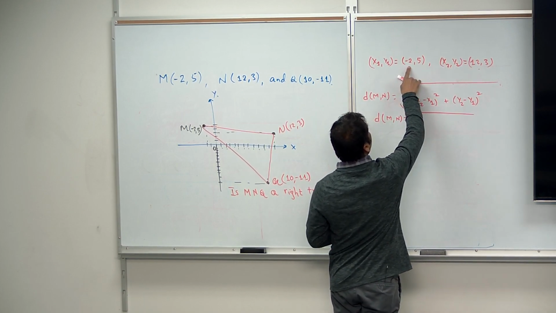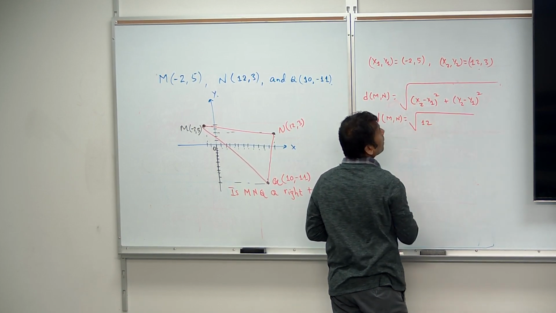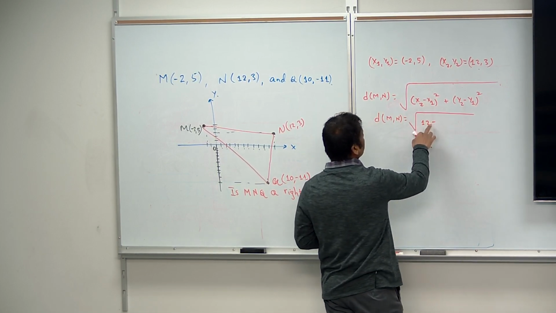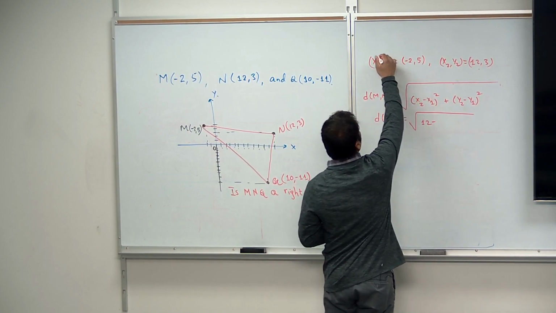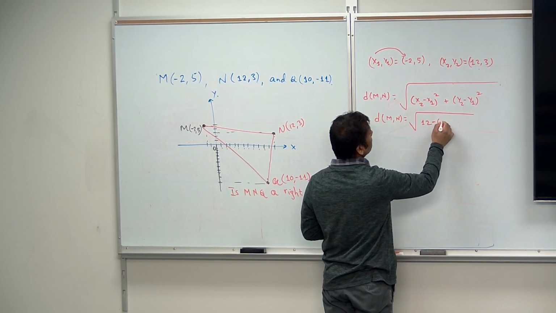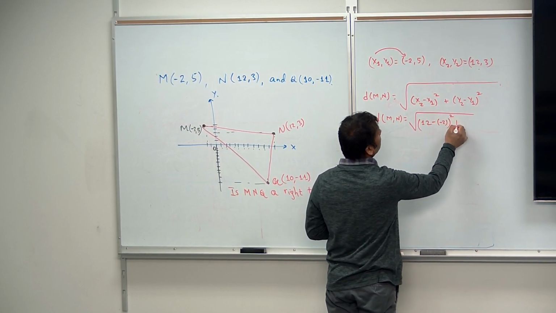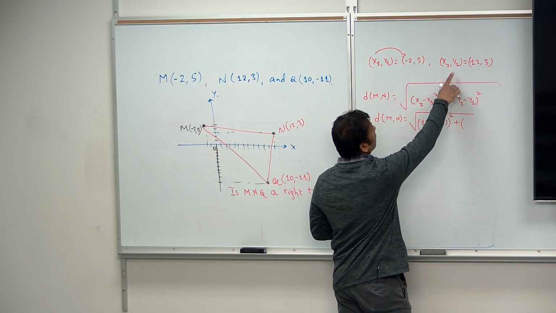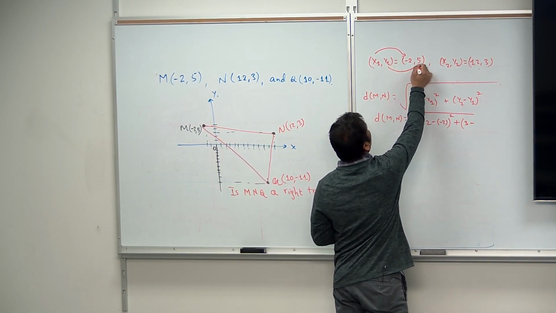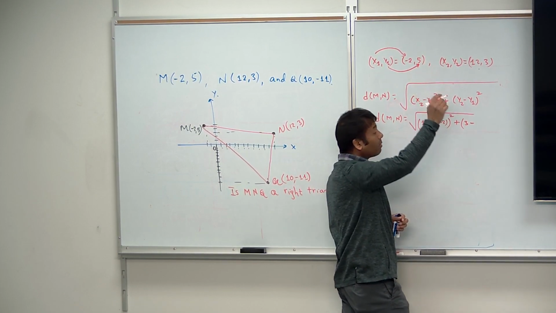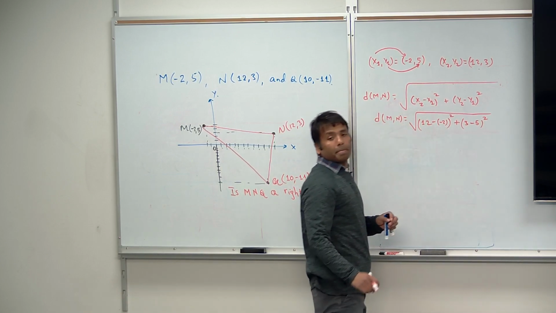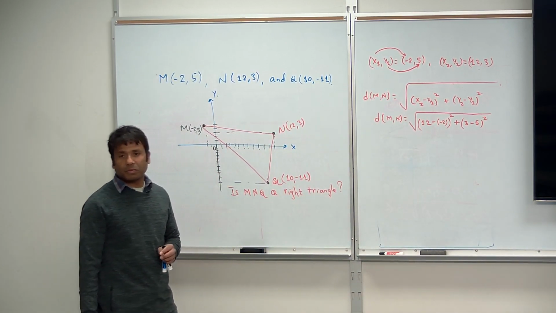What is your x1? Negative 2. So 12 minus negative 2 is squared, plus, what is your y2? Your y2 is 3, minus, what is your y1? 5, yeah. 3 minus 5 is squared. So far, so good.